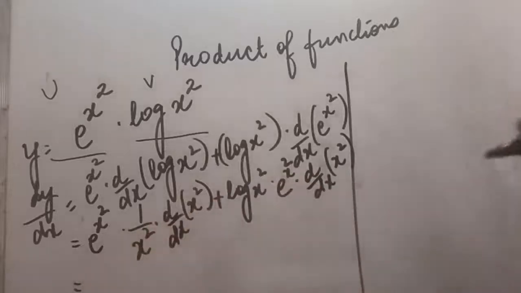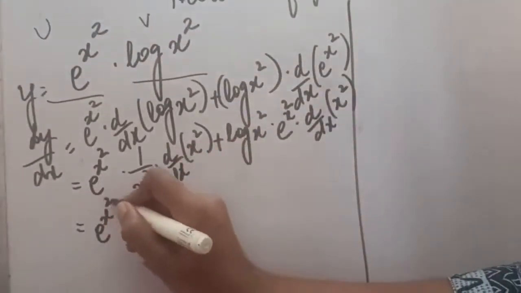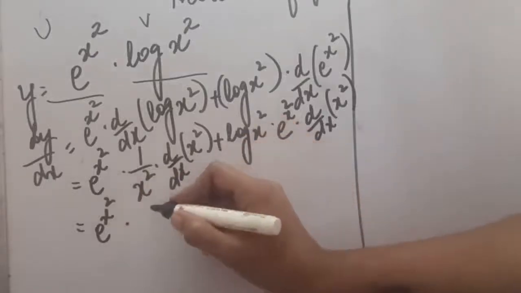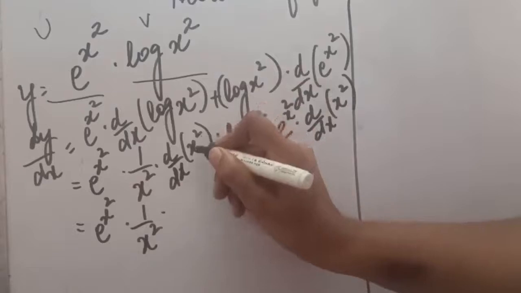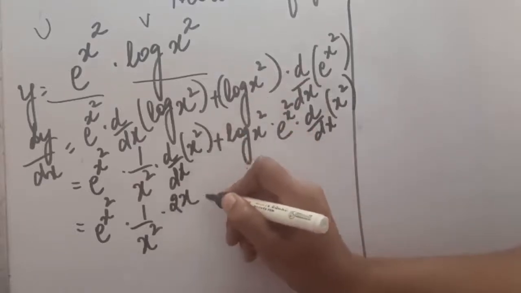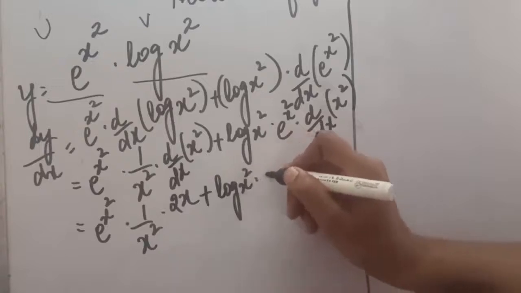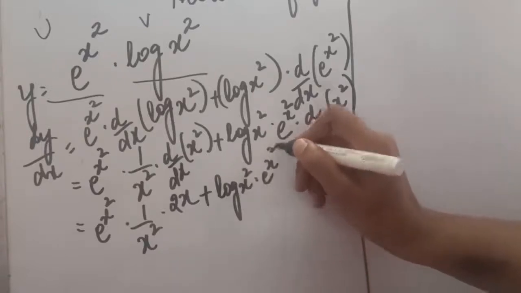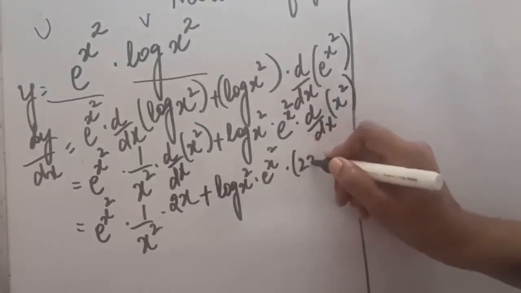Now solving this question further, this e^(x²) into 1 upon x², and the derivative of x² is 2x, plus log x² into e^(x²) into the derivative of x², which will again be 2x.